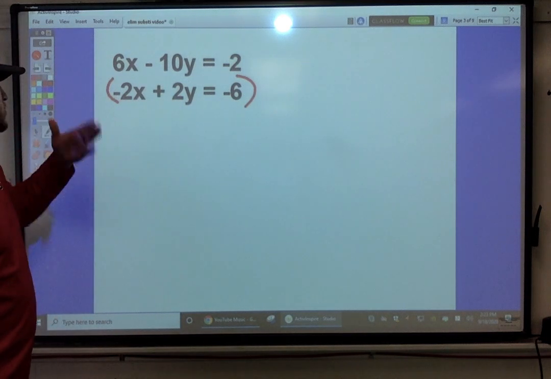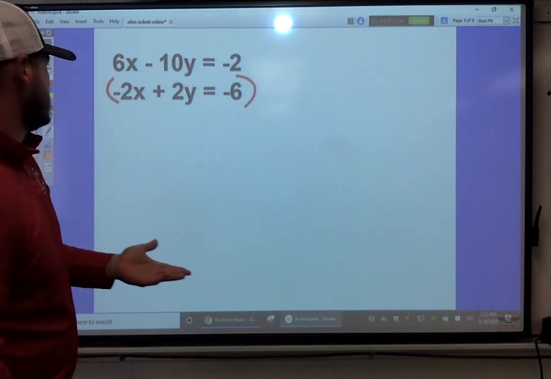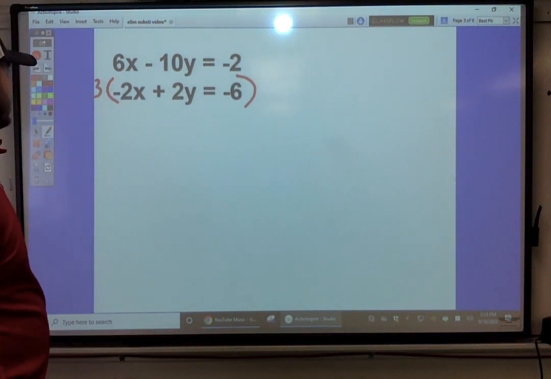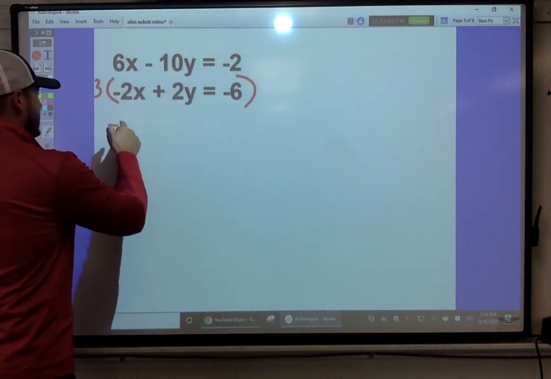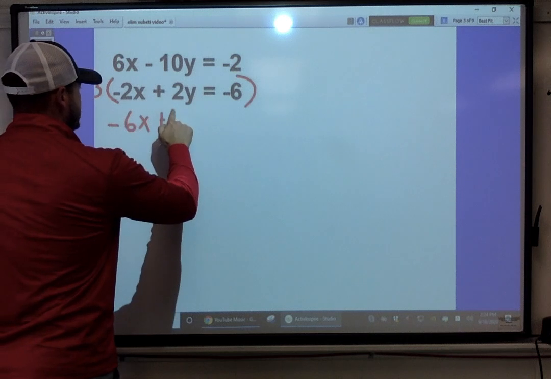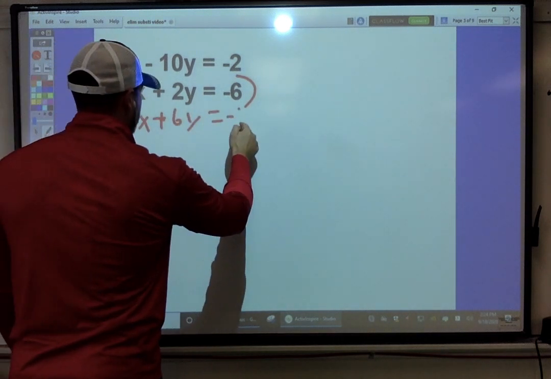Well, what times 2 will give me 6? I think y'all know it would be 3. So if I multiply by a positive 3, that's going to give me negative 6x, a positive 6y, and then 3 times negative 6 is going to give me a negative 18.